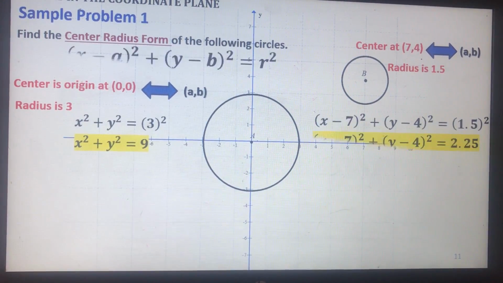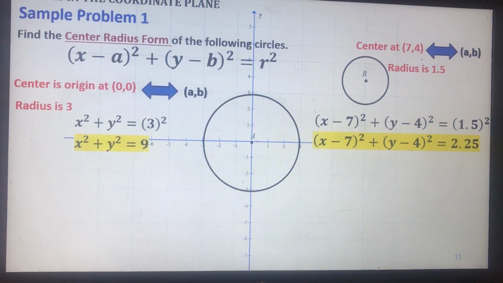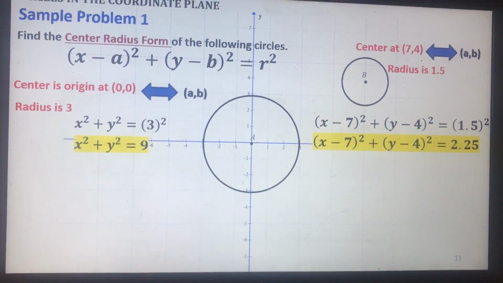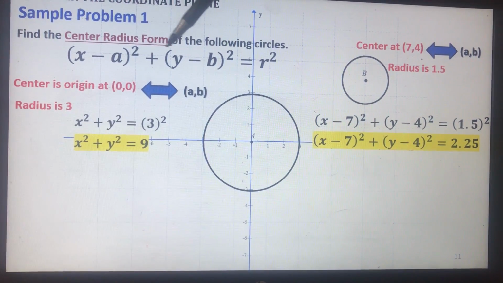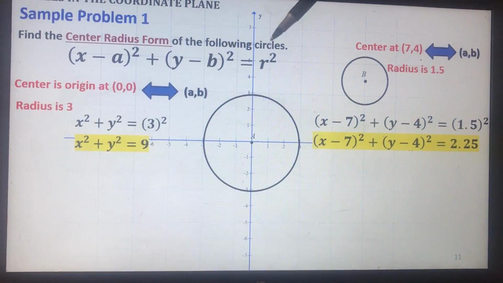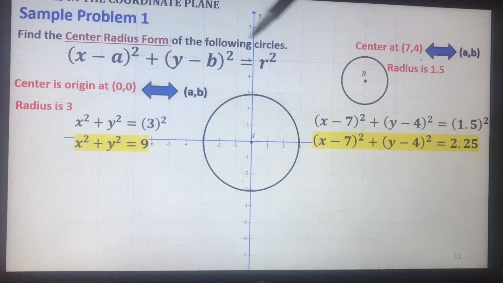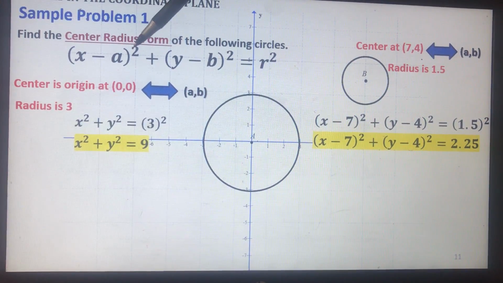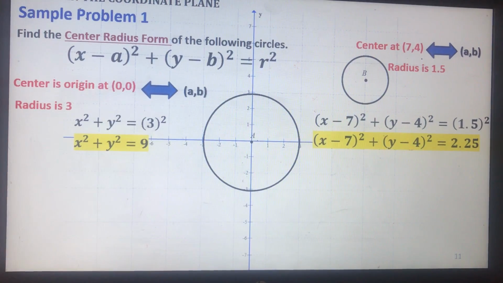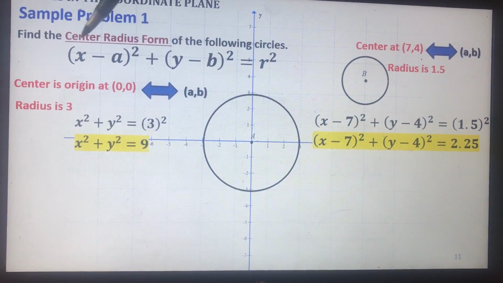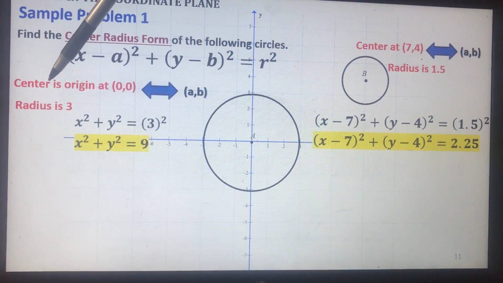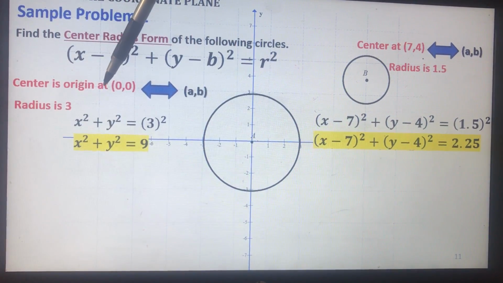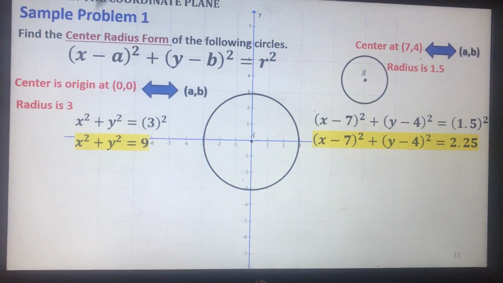Let's see what we can do in order to solve this problem. To find the center radius form of the following circles, we're going to use our general equation, which is (x minus a) squared plus (y minus b) squared equals r squared. Notice that in our first case, they are telling us that the center is located at the origin, or at (0, 0).